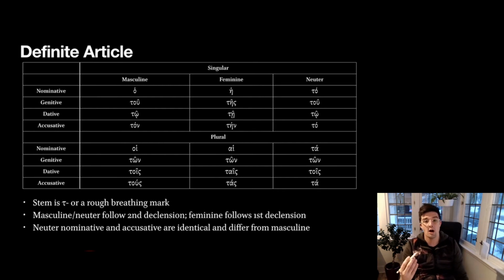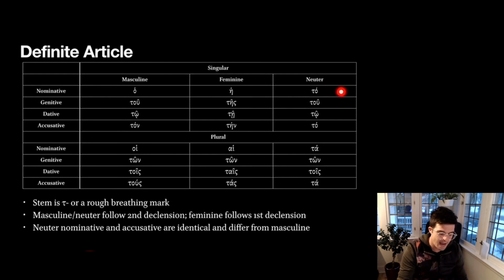And as is always the case, the neuter nominative and accusative are always identical to one another. So the nominative and the accusative look exactly the same in the singular and in the plural, and they differ from what you see in the masculine over here.